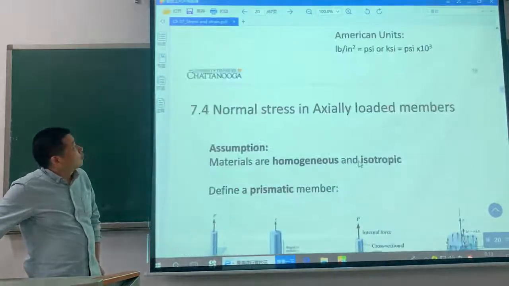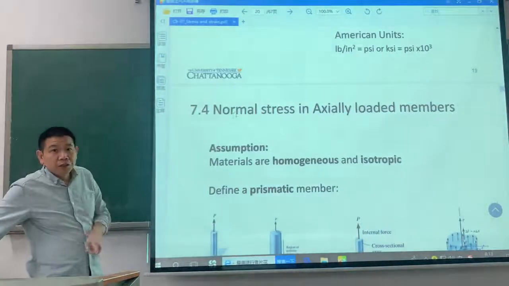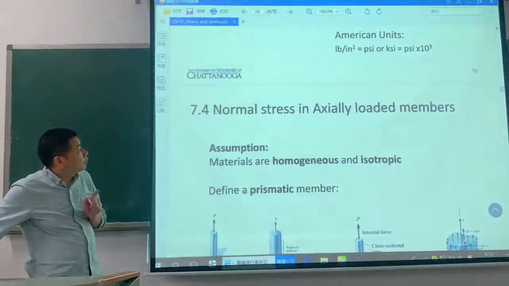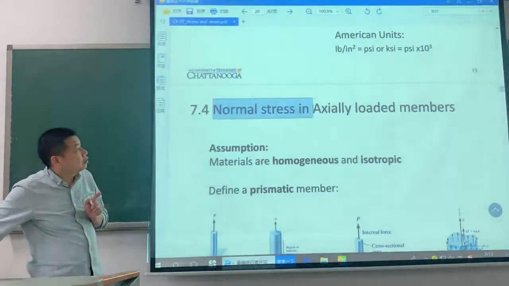Last lecture, we learned how to find the normal stress in an axially loaded member.